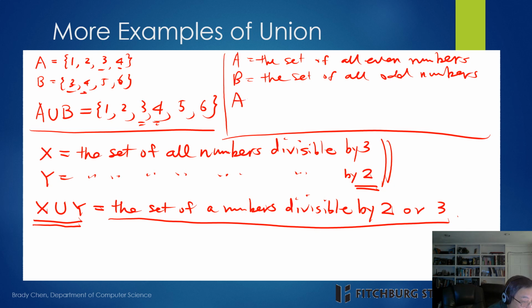Now what is A union B? So A union B is going to be the set of all even numbers or odd numbers. Okay, what does that mean? So it's the set of all whole numbers, right? Okay, whole numbers.